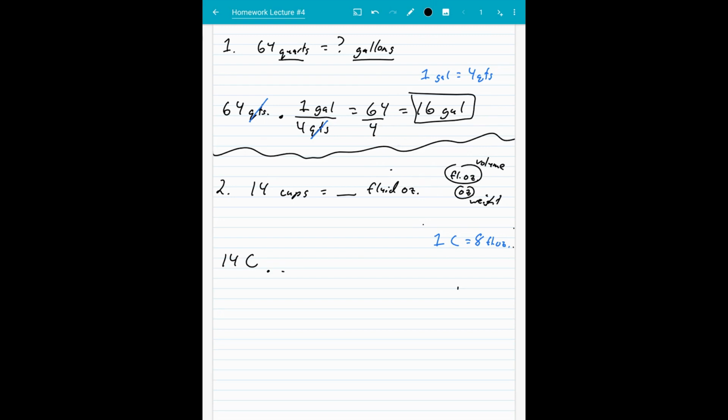14 cups times. Now we want our end result to be fluid ounces. So we want fluid ounces up on the top, and then on the bottom would be the other one. Since we put fluid ounces on top, we want cups on the bottom. And this would make 8/1.